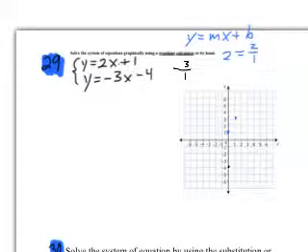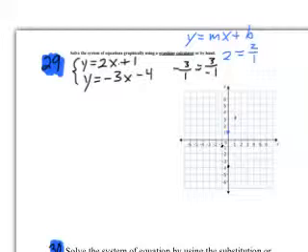So let's go down 3. I think we'll change that to 3 over a negative 1 under the circumstances. So we'll go up 3, 1, 2, 3, and then go back 1 to negative 1, negative 1. And we'll plot that.